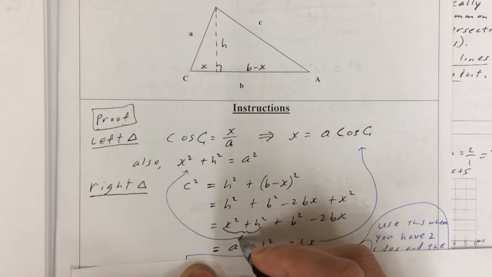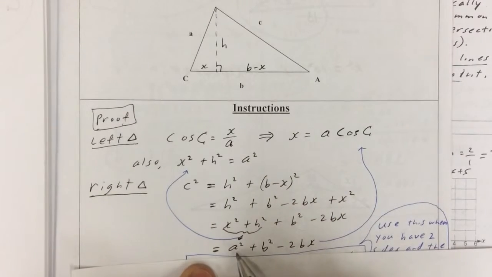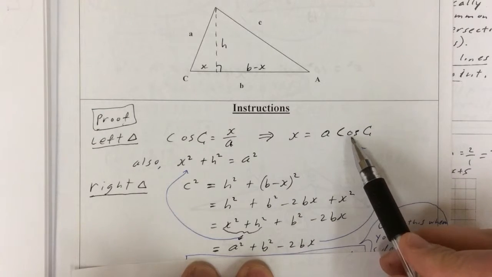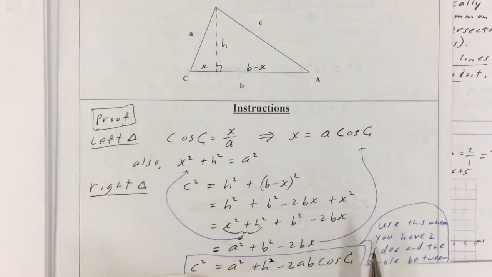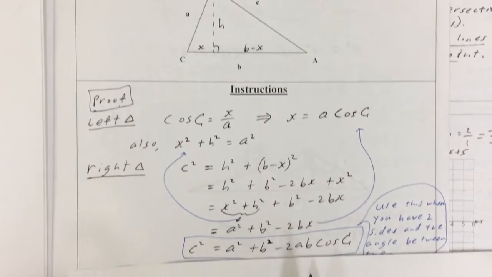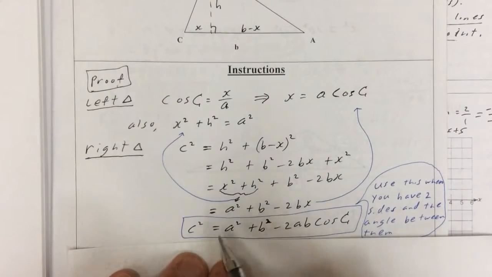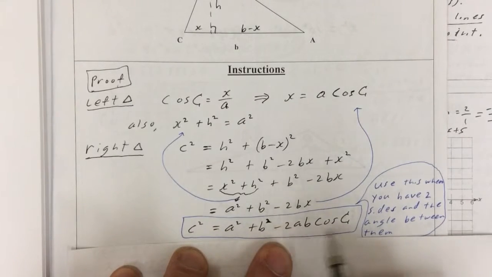So x squared plus h squared equals a squared. And b squared minus 2bx, well, we know what x is. x is a cos C, so we're going to sub in a cos C for x. And now we have the cosine law. c squared equals a squared plus b squared, like Pythagorean theorem, minus 2ab cos C.